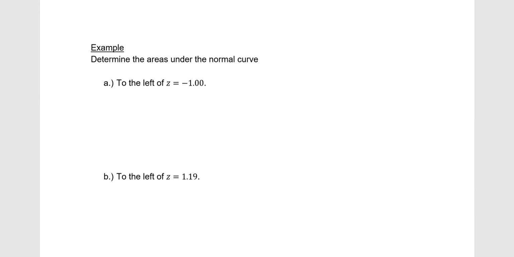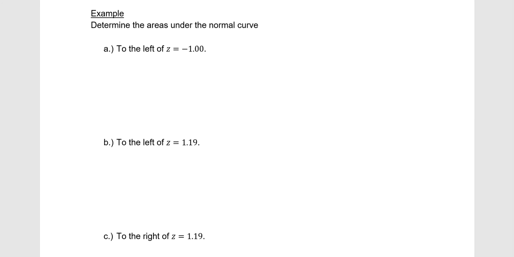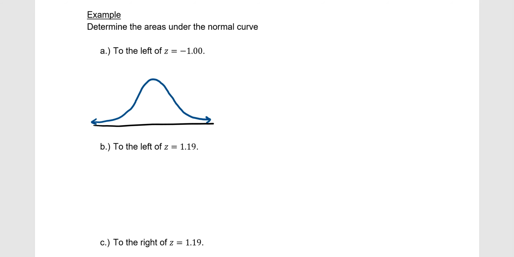Okay, let's do a couple examples. Let's determine the area underneath the normal curve to the left of -1. I always like to draw these out, just to get an idea of what the answer is going to be before we actually do it. 0, as usual, is right here in the middle. -1 is just 1 standard deviation to the left of 0.